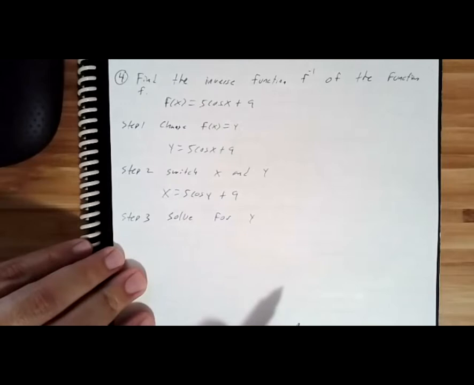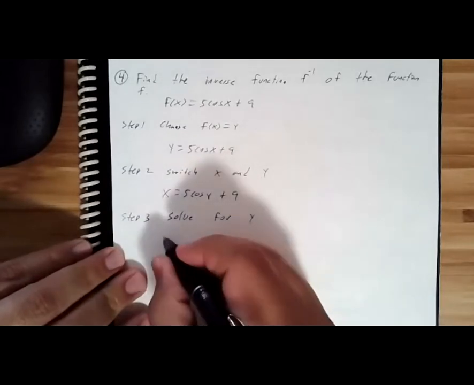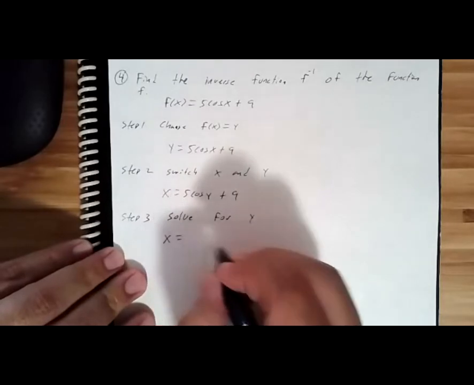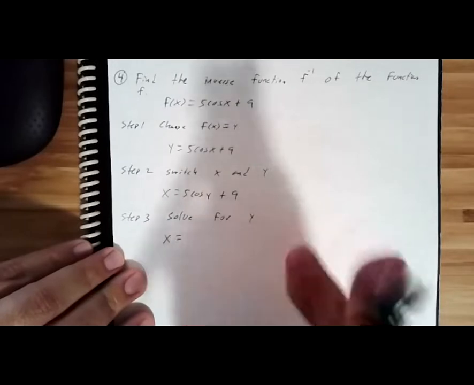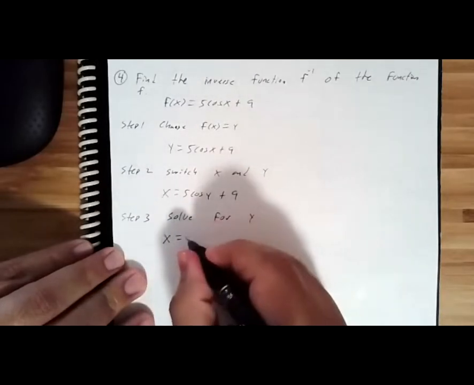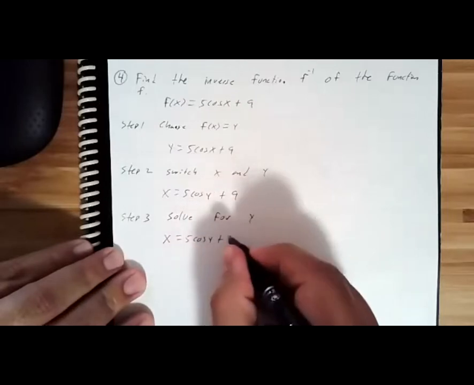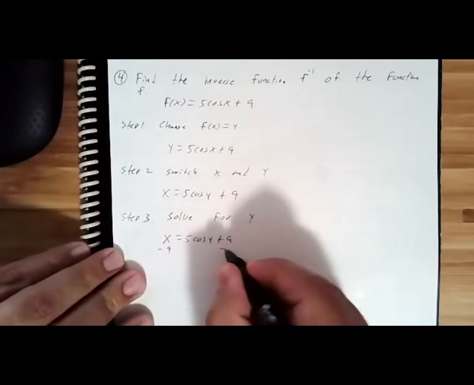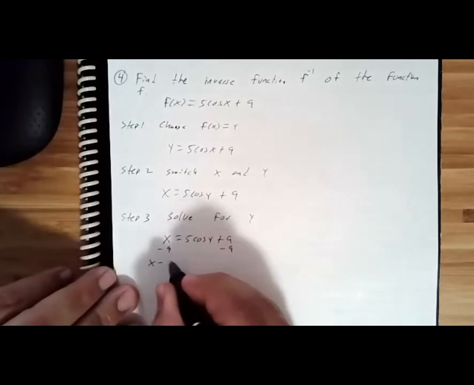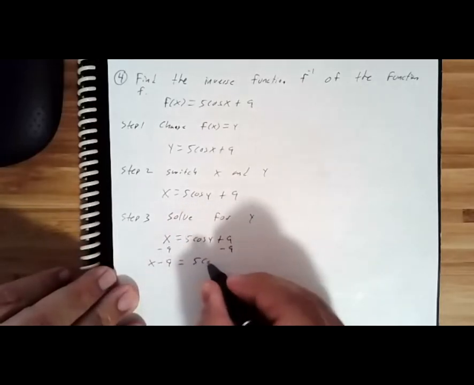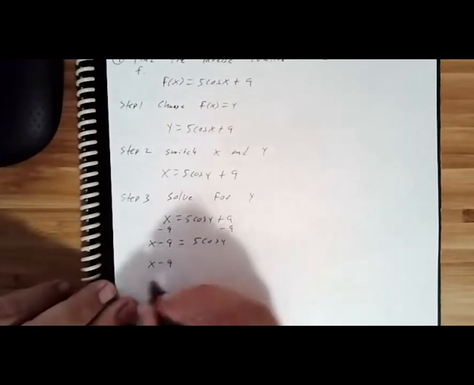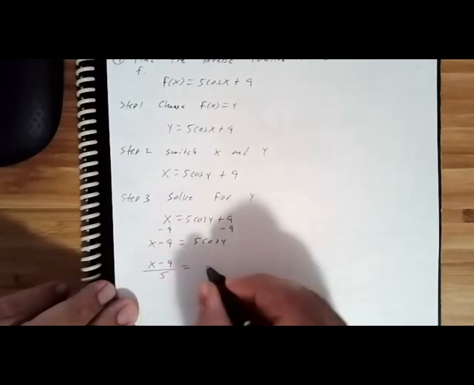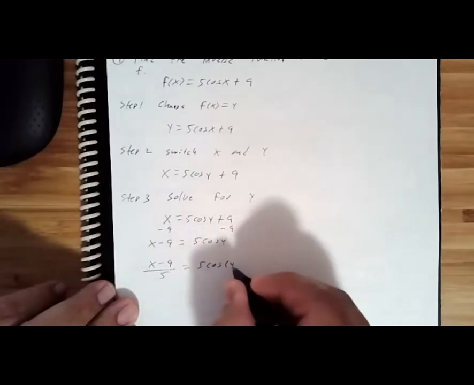Okay. So let me just start from here. So first step is subtract 9 on both sides. So that would be x minus 9 equal to 5 cosine y. Next step, we'll go ahead and show extra steps today with the algebra. Divide both sides by 5.